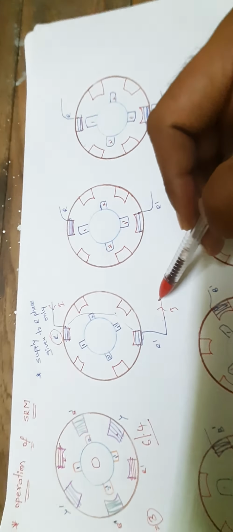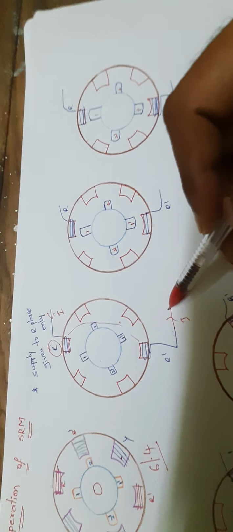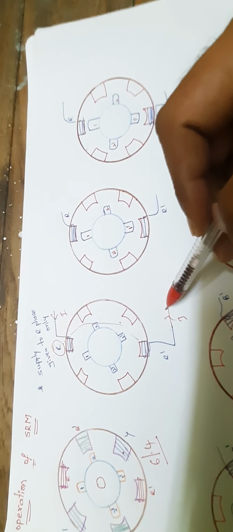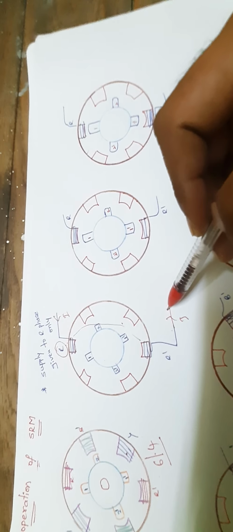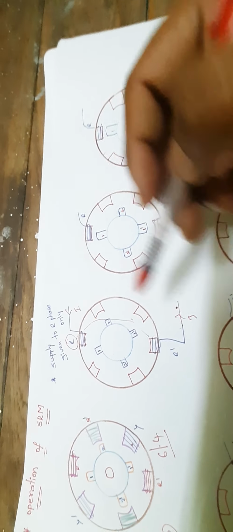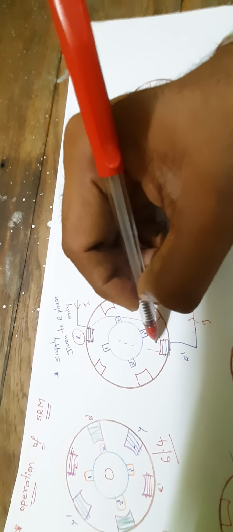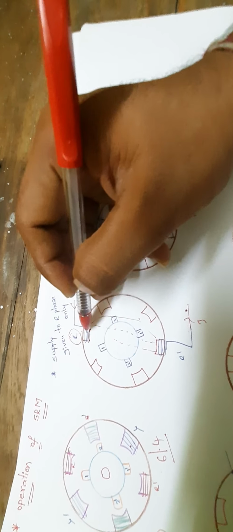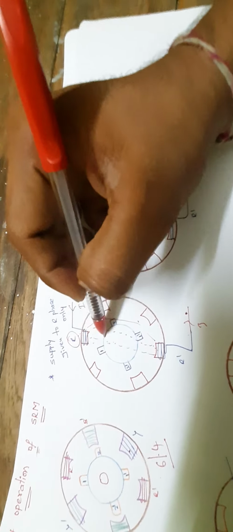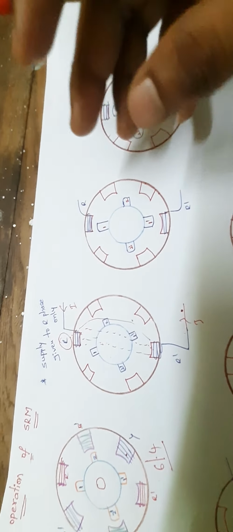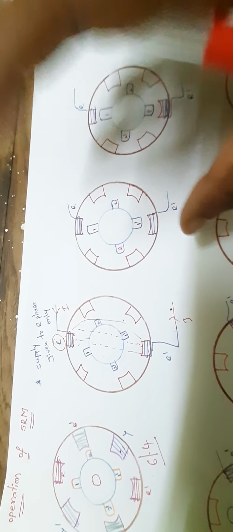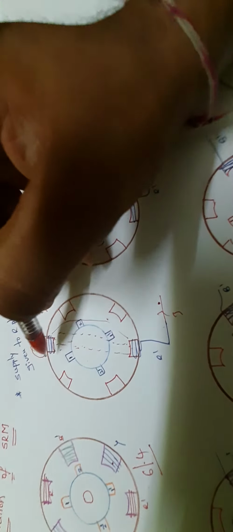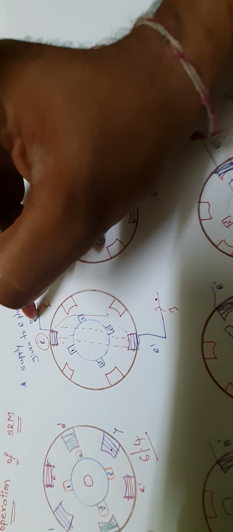Once the current enters the stator winding, the electromagnetic field will be developed along with the R phase.